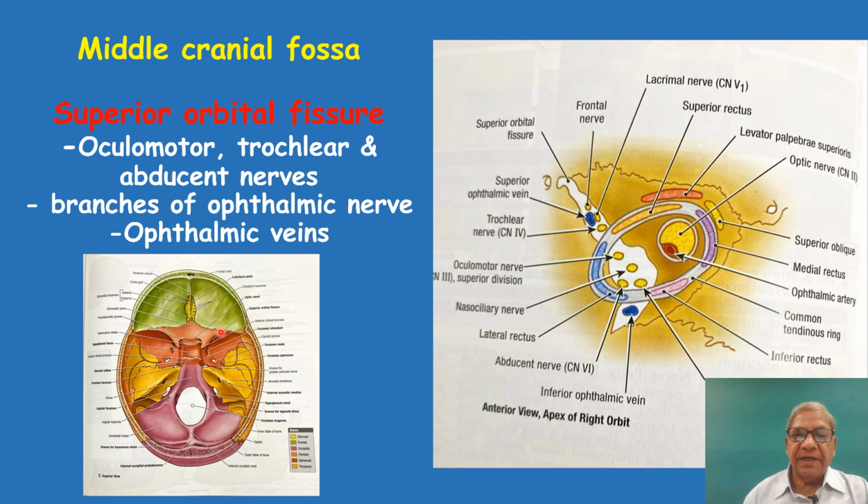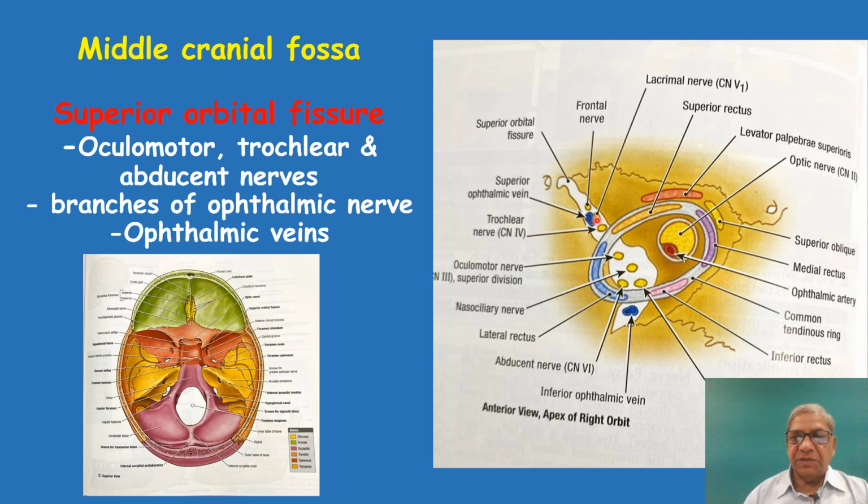You should say that this gives passage to the three cranial nerves, the third, fourth and sixth. The oculomotor nerve, two divisions, the superior division and inferior division, where I am moving my pointer. Then there is the abducent nerve, the sixth cranial nerve, and this is the trochlear nerve, the fourth cranial nerve. They pass through the superior orbital fissure.